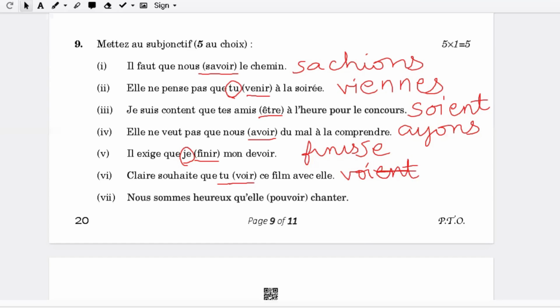To this VOI, I will add my imperfect subjunctive endings. VOIES. Last one is pouvoir. Does it come in my irregular verb list? Yes. So PUISSE. That's all. We're done.